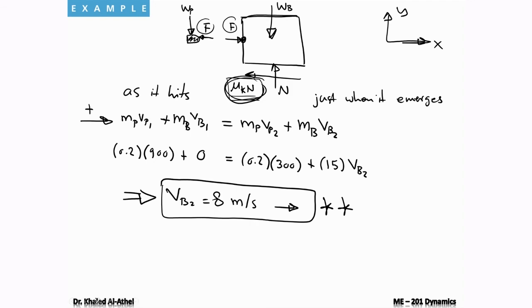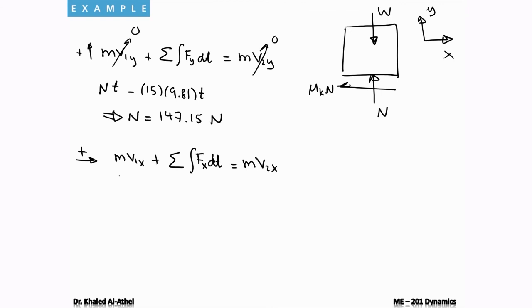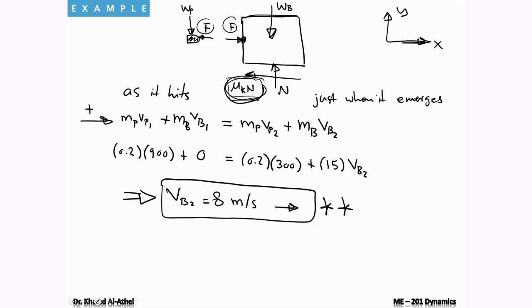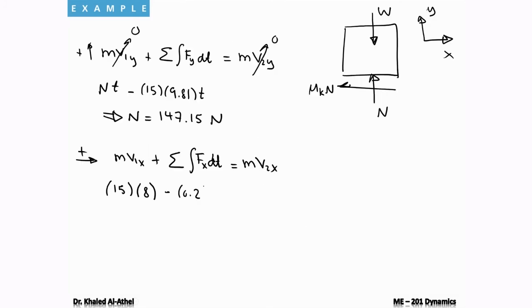So it's going to be the mass, 15, multiplied by the velocity, 8. Then I have only the friction force acting, so minus the friction coefficient, 0.2. Was it 0.2 or 0.25? It's 0.2. So I have 0.2 multiplied by the normal force, 147.15, and don't forget to multiply by the time, which is unknown in this case.